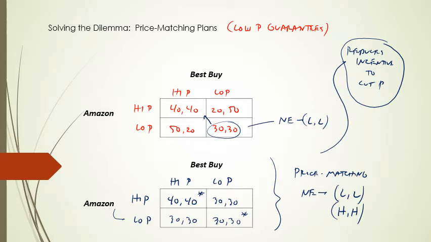Then Best Buy will match it because people will come in with an Amazon ad and Best Buy will lower the price. So in all of the three other cells, we have 30 and 30, which is the same profit as when in the upper matrix, both were choosing a low price. So in this case, we have two Nash equilibria. We have one in the bottom right and one in the upper left.